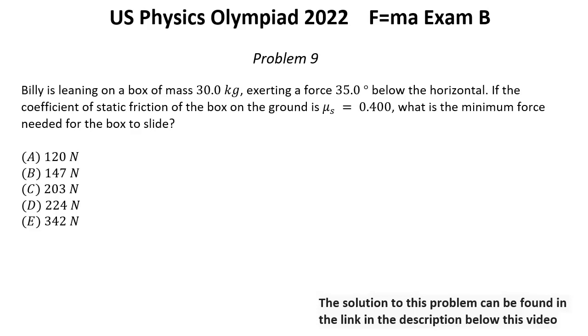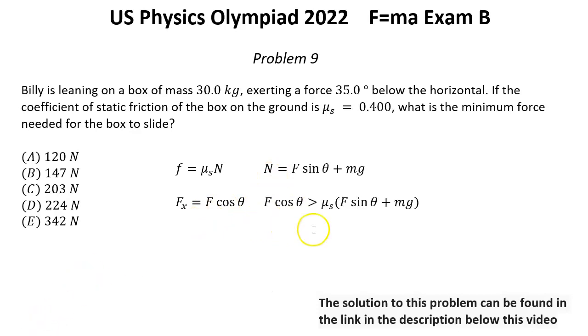Suppose Bill exerts force F, then the maximum friction force equals mu static multiplied by normal force, but normal force equals force F multiplied by sine theta plus mg. So it means that applied horizontal force Fx equals F multiplied by cosine theta, and it must exceed the force of friction.